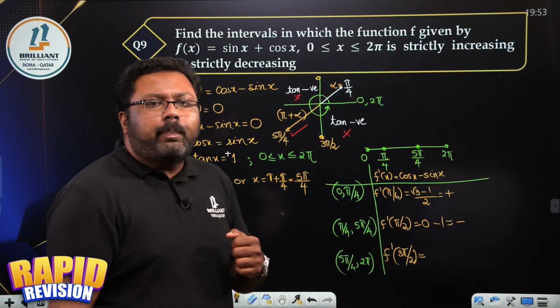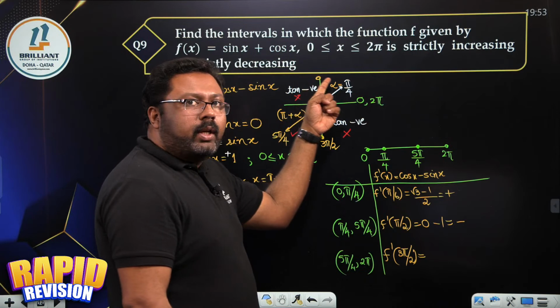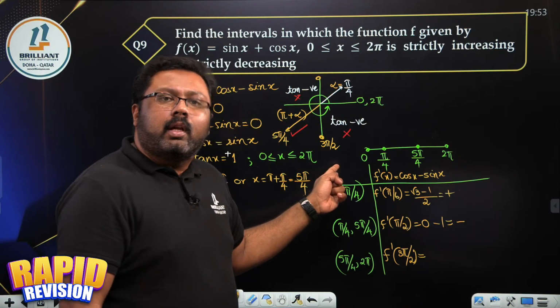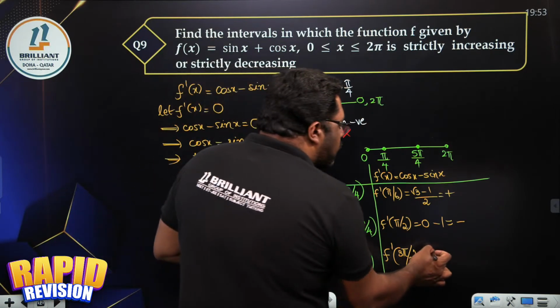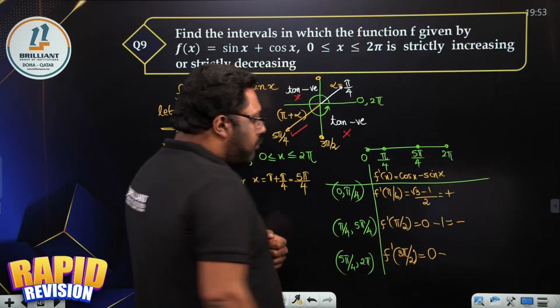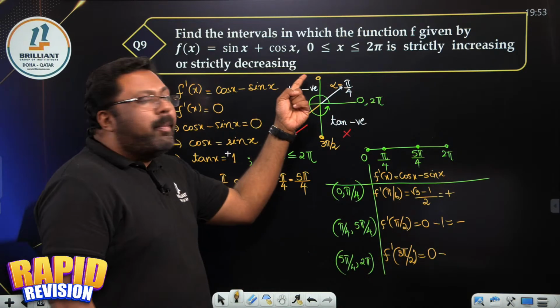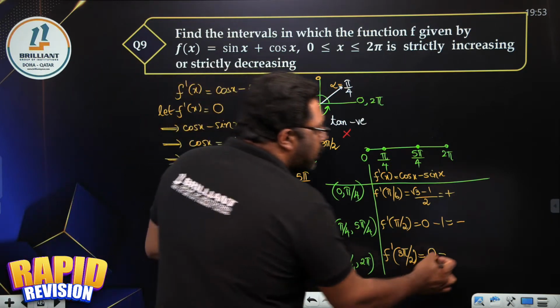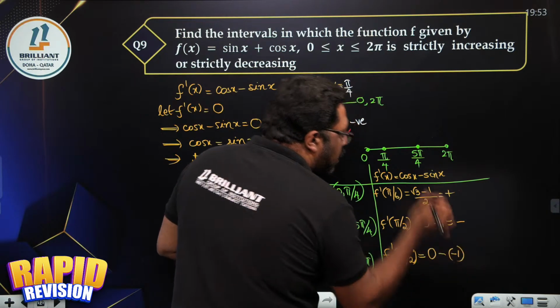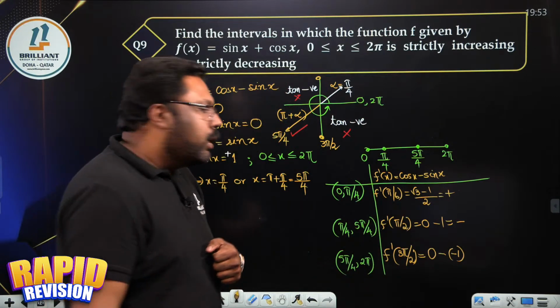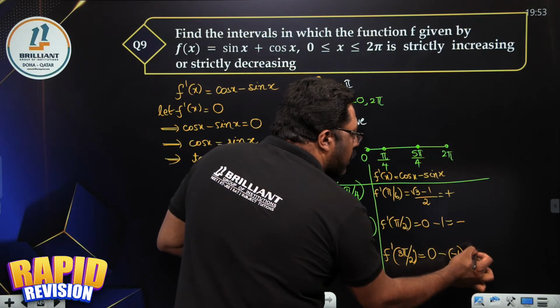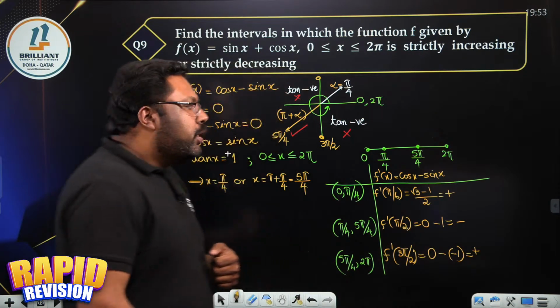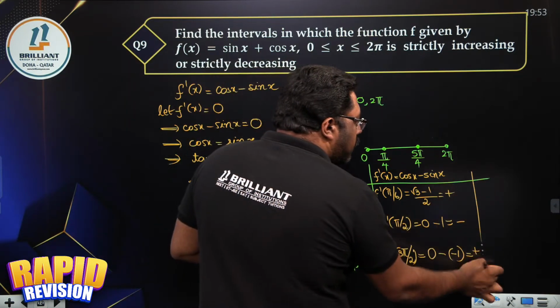Cos 3 pi by 2 is 0, just like cos pi by 2. Minus sin 3 pi by 2 is minus minus 1. So the answer is positive.